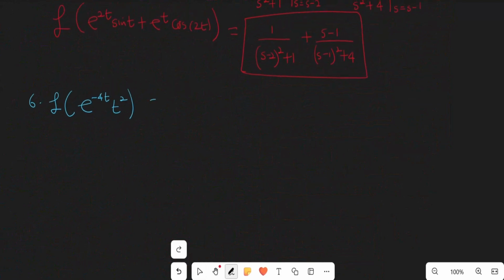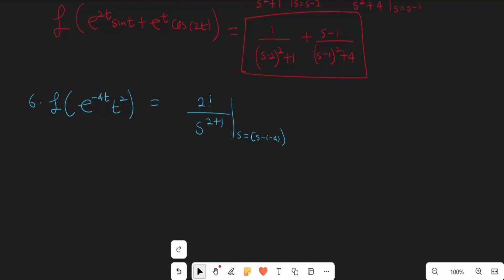So I'm going to find the Laplace transform of t squared, which is 2 factorial divided by s raised to the power 2 plus 1. And then I am going to evaluate s at what? S is going to be equal to s minus negative 4. That means we are shifting the s variable by negative 4.